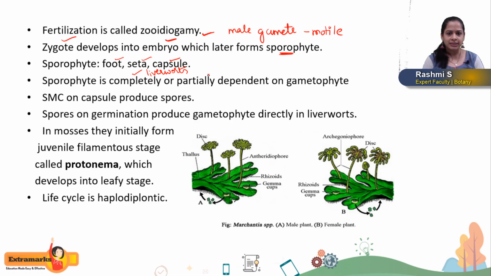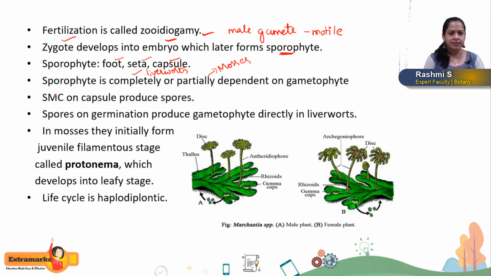Whereas in mosses, the sporophyte is green in color, so it can photosynthesize, but for shelter it is dependent on the gametophyte. So the sporophyte is completely or partially dependent on the gametophyte in bryophytes.